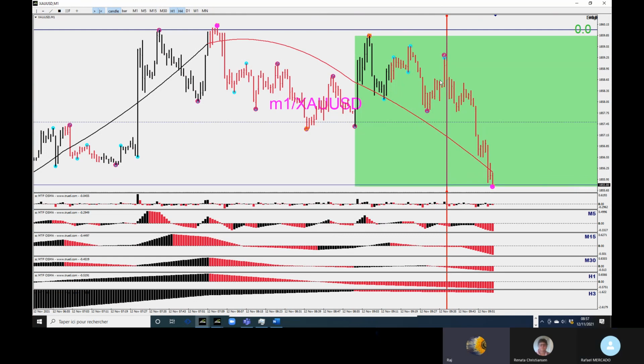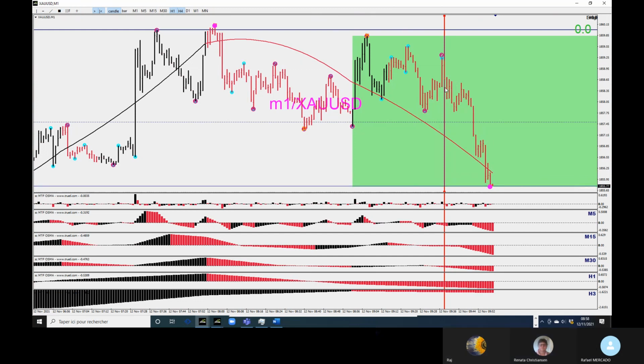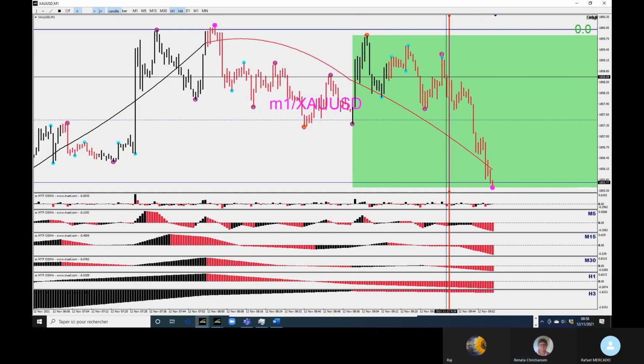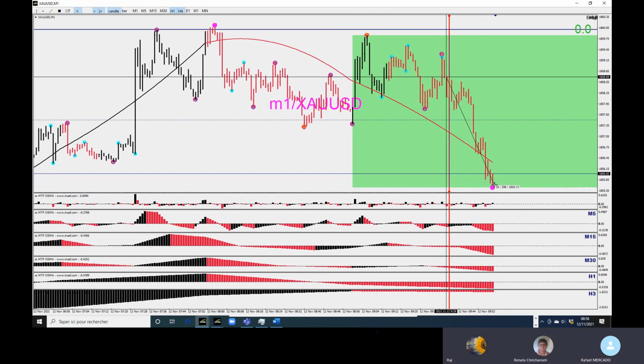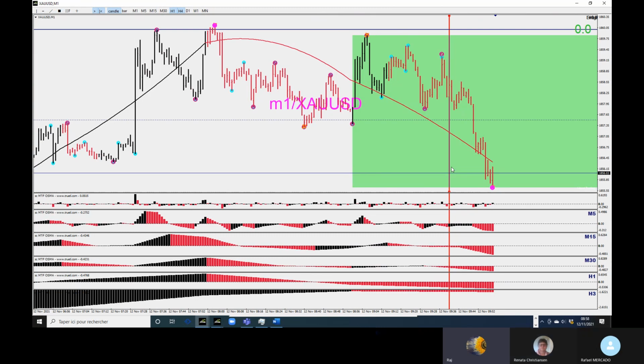From there to where you are right now, how many pips is it? 30 pips, in 20 minutes. It's the same process, exact same process.